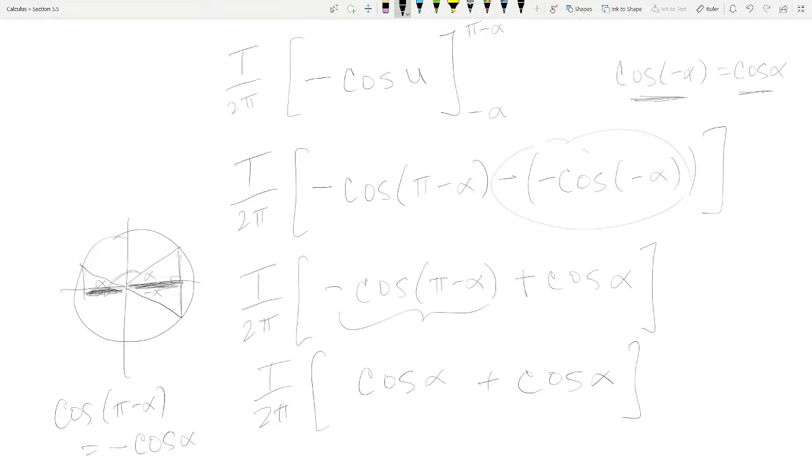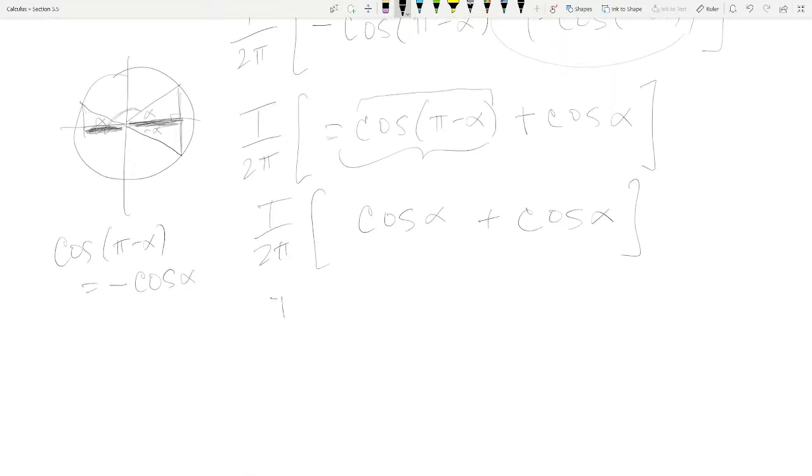But what I was just talking about was this portion, and then I have an extra minus, so that's why it's a positive cosine alpha. So I have T over 2 pi times 2 cosine alpha, which is T over pi cosine alpha. That's the answer.